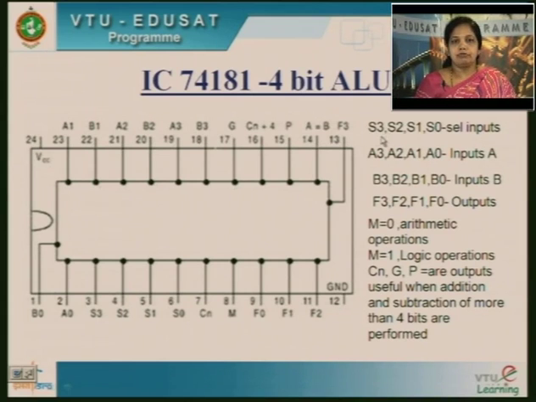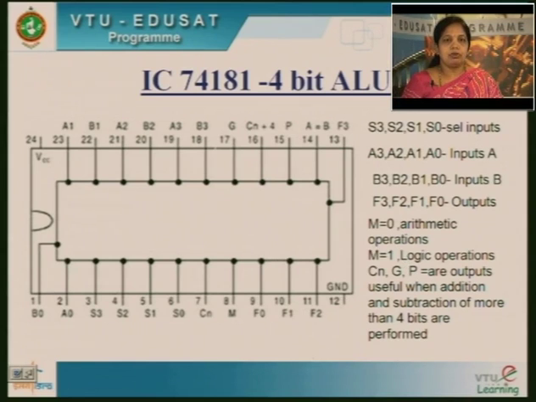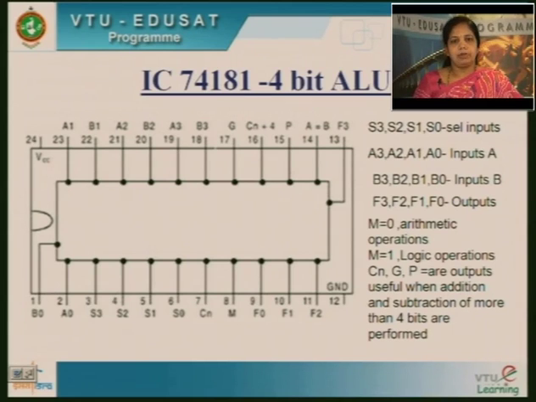We have 4 selection inputs, S3 to S0, a set of inputs A3 to A0, another set of inputs B3 to B0, and outputs F3 to F0. We have a mode selection M. M can be made 0 or 1 based on what kind of operation you want to perform, an arithmetic operation or a logical operation.